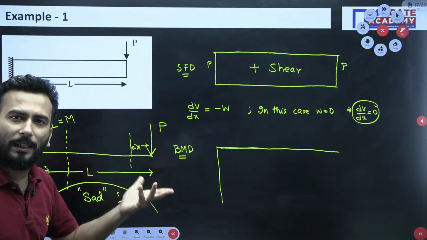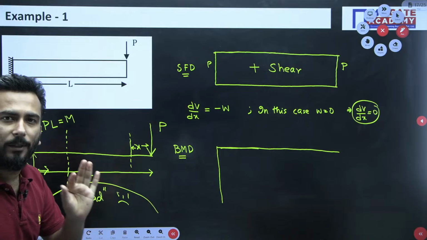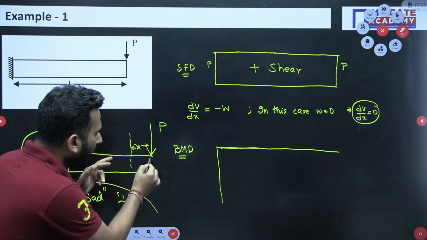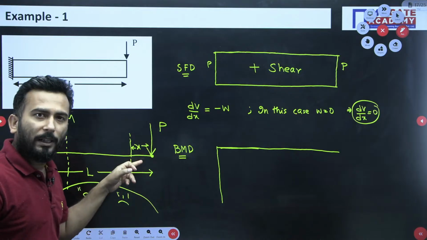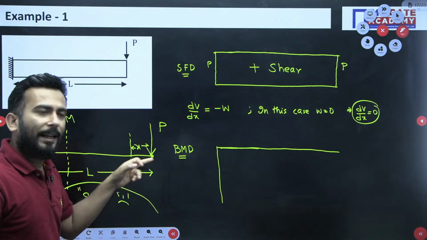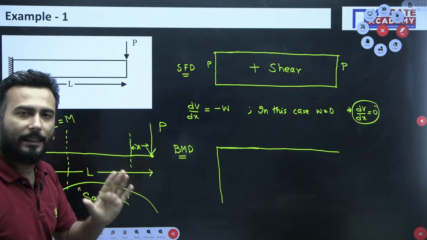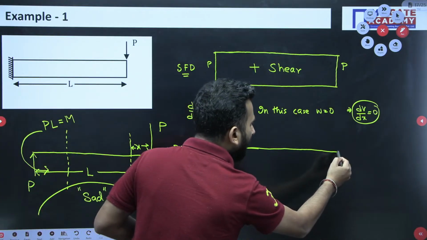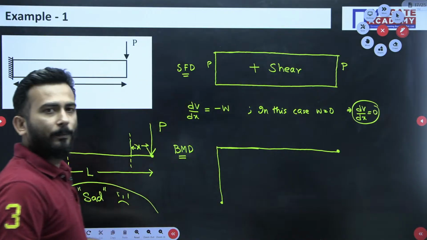You can take it from the right-hand side also; there is no issue. If you had taken it from the right-hand side, the moment at this point would have been 0, because P into x would have been the moment, and x is 0 at the extreme end. So the moment at the extreme end is 0, and this I know.